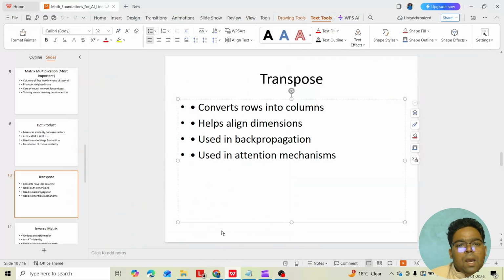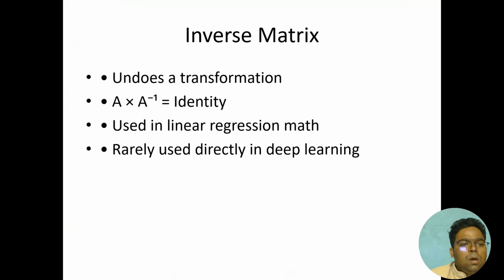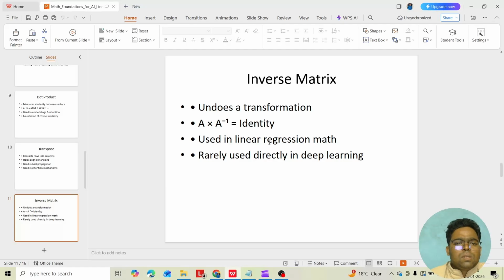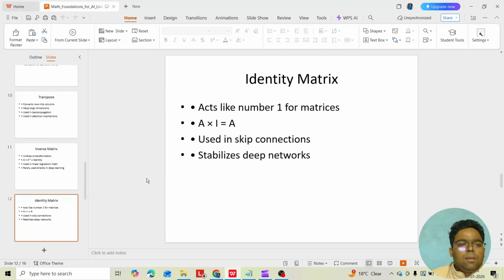So next, the inverse matrix is less important here because it is rarely used directly in deep learning, but it is used in linear regression math itself. And if you look at the identity matrix, what is it? It acts like the number one for matrices.